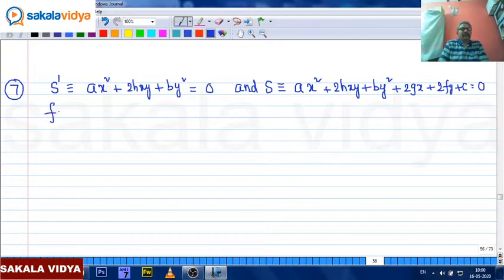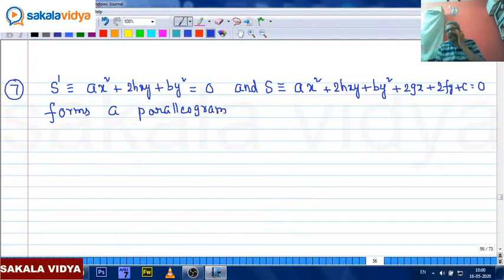Always forms a parallelogram. It may be a rectangle, it may be a rhombus, or it may be a square.